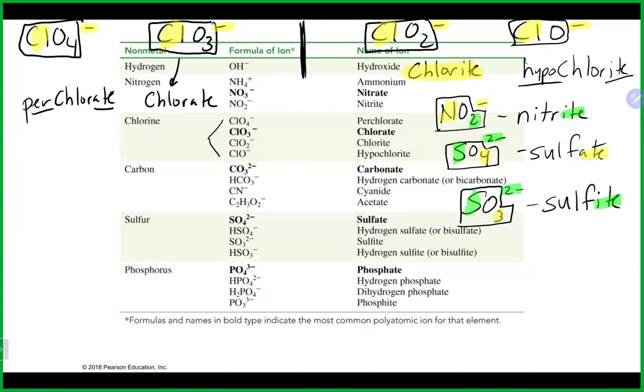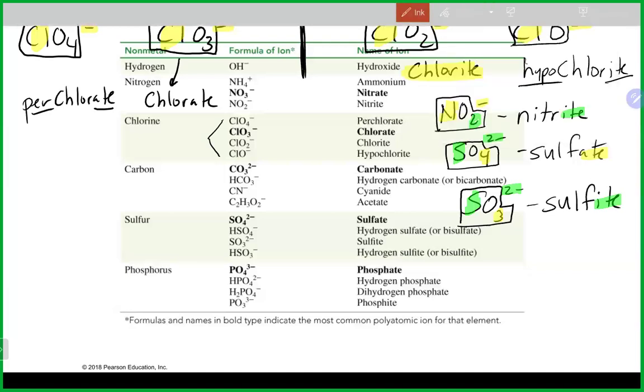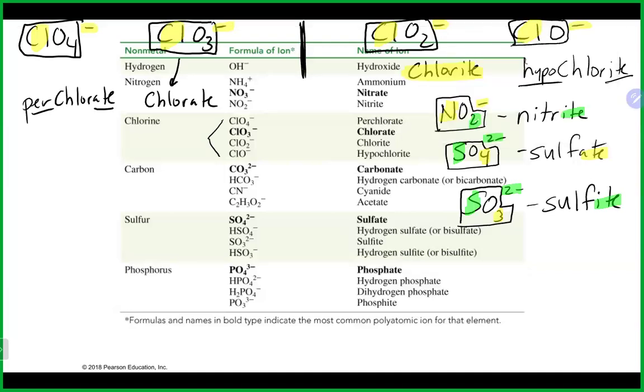So just like nitrate will always be -1, just like sulfate will always be -2. The names that go with these polyatomic ions and the charges that you see are fixed in that sense, that the name represents whatever the charge is in the formula. Other questions?